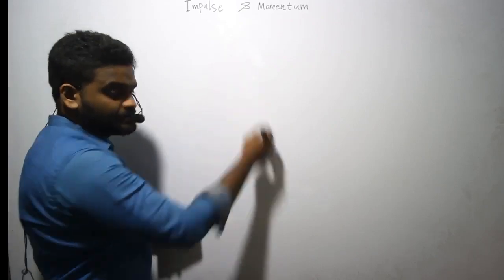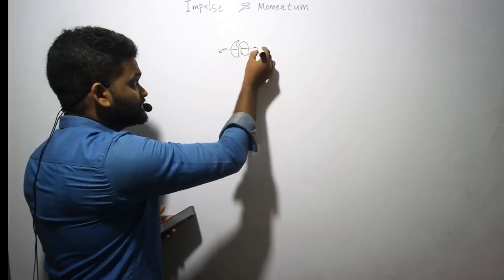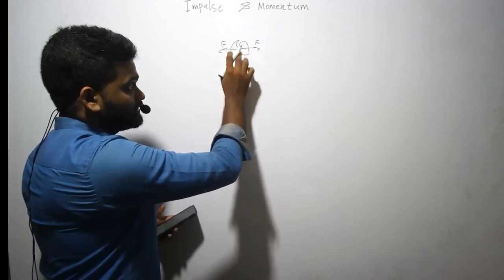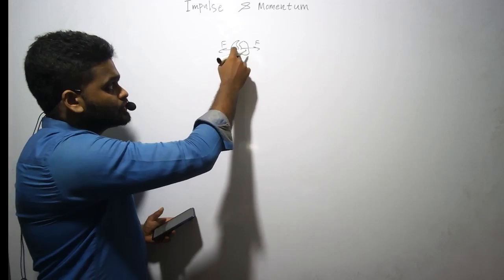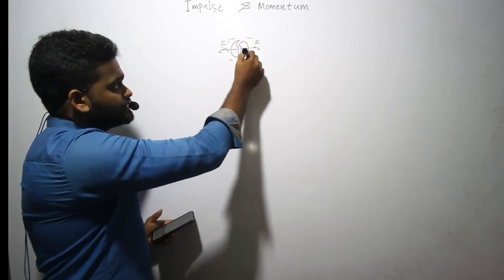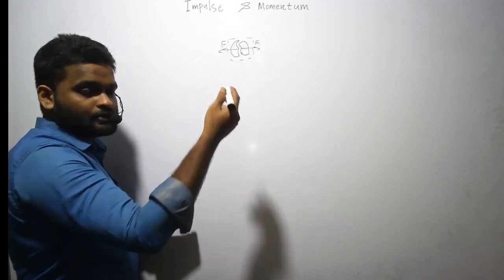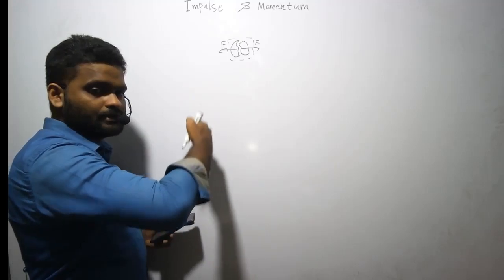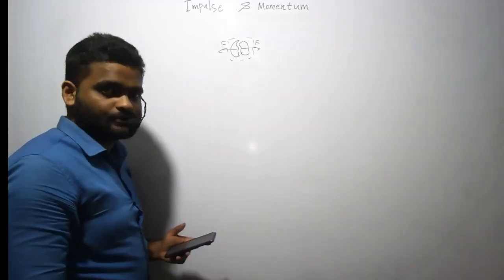At an explosion, what you have is equal and opposite forces acting at the moment of explosion. So these forces do not change the momentum of the system. So you can say momentum before equals momentum after the explosion.